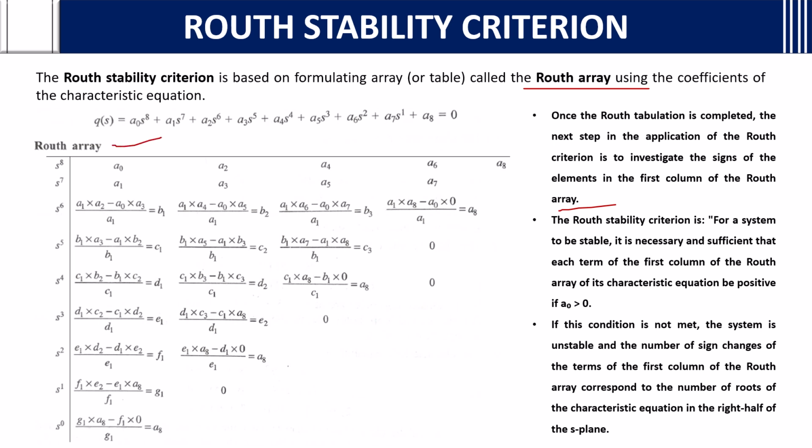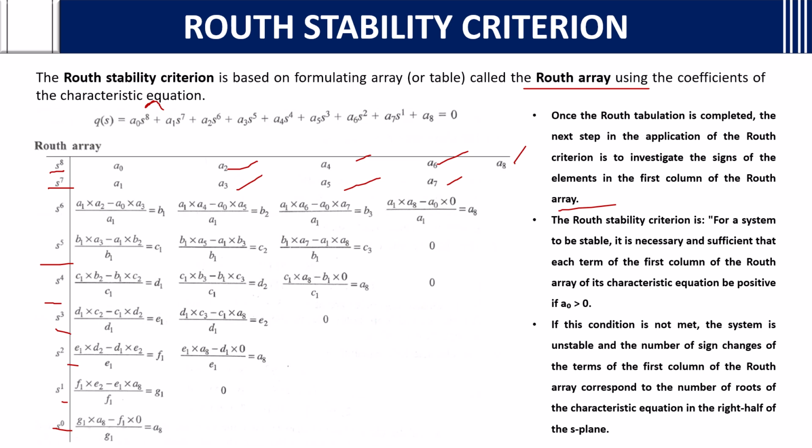How to write it: first, from the highest S value, S power 8, S power 7, S power 6, S power 5, S power 4, 3, 2, 1, 0, you will write. After writing it, you are going to write the coefficients which are present, in this way: first a0, then a1, a2, a3, a4, a5, a6, a7, a8.